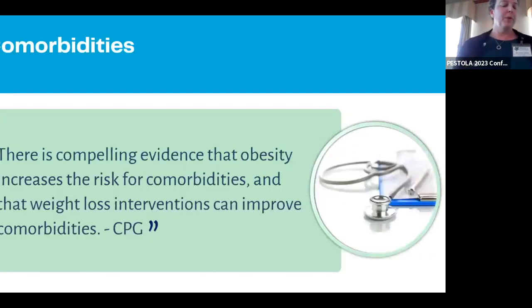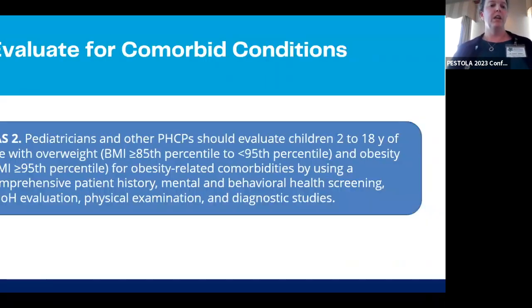When we look at comorbidities, both of the technical reports showed compelling evidence that obesity increases the risk for comorbidities and that weight loss intervention improves comorbidities. Therefore, key action statement number 2 recommends that obesity and related comorbidities should be evaluated concurrently with an obesity-specific history and review of systems, family and social history, mental and behavioral health screening, social determinants of health evaluation, physical exam, and laboratory testing.